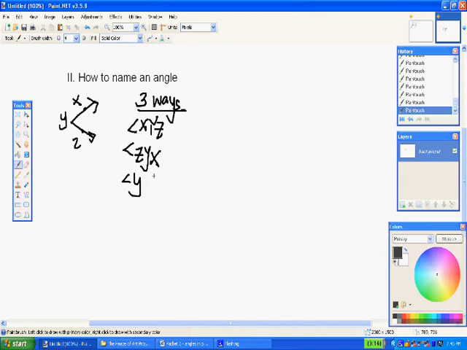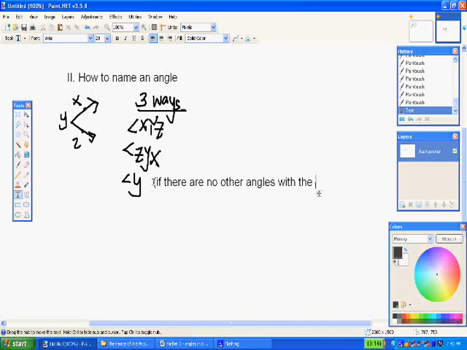This way only works if there are no other angles with that same exact vertex. So make yourself a note and write this down in your notes: you can only name an angle with a vertex if there are no other angles with the same vertex.